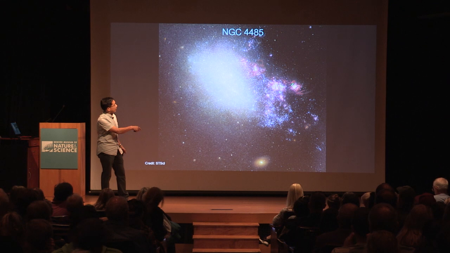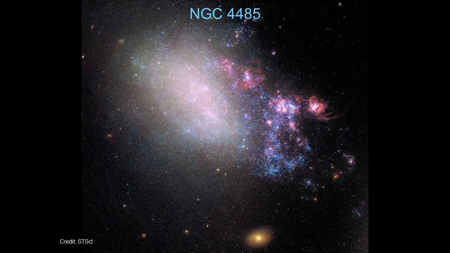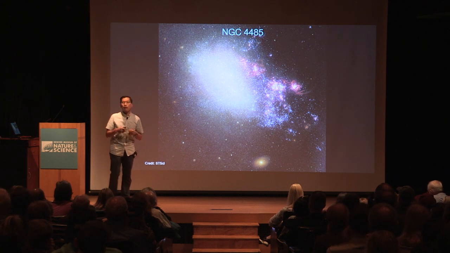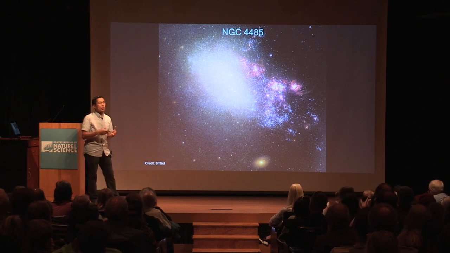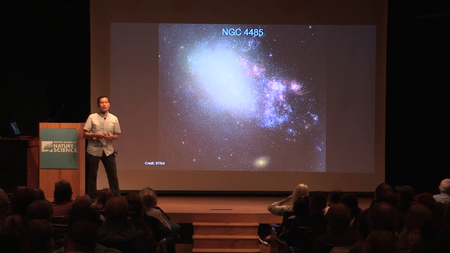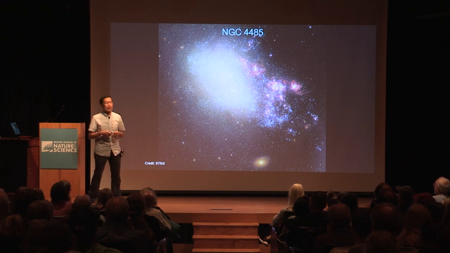But what we do see are regions where these gas clouds have birthed many thousands, if not tens of thousands, of stars, and some of the stars happen to be massive OB stars, and those stars pump out huge amounts of ultraviolet radiation. They push out stellar winds that can go out at 1,000 kilometers per second.